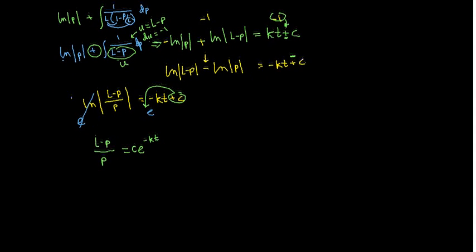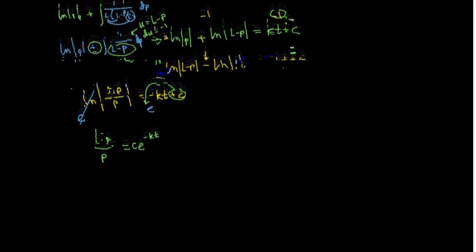Alright, and we're interested in population. So we're going to solve for P. Now we've done all the calculus. That was pretty rough. But now we want to get P by itself. That way we have an equation for our population. Population equals something. So we're going to multiply both sides times P. So that cancels out.